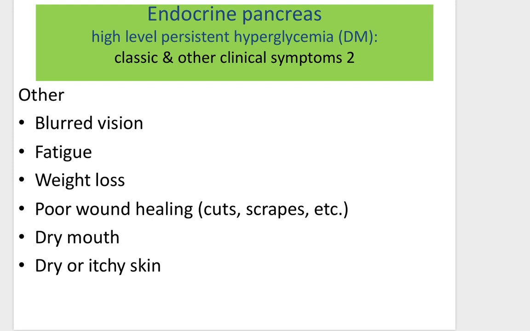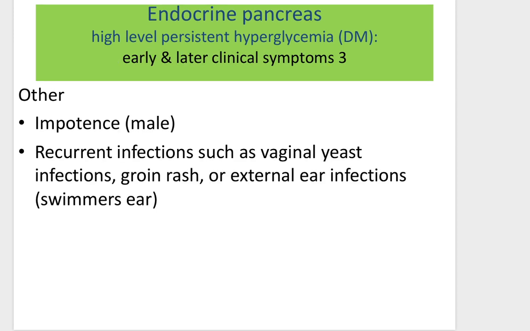Other, non-classic symptoms include blurred vision, fatigue, weight loss, poor wound healing, cuts, scrapes, etc. It can be dry mouth, dry or itchy skin. It can be impotence in males. It can be recurrent infections such as vaginal yeast infections, groin rash, or external ear infections like swimmer's ear.